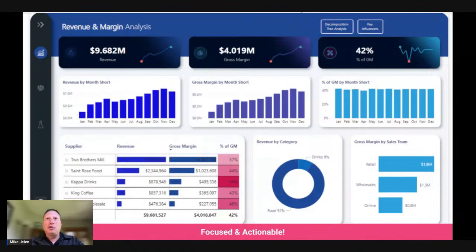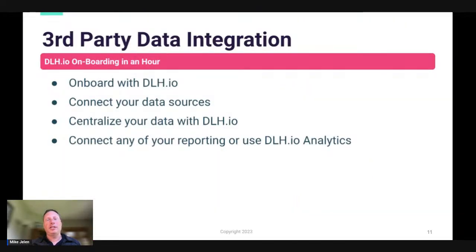Allow them to drill in and find some of those needles in the haystack, but use color, use charts to tell them, here's how you're doing, but here's how you're doing against plan. So that way people know, this is what I need to focus on. This is what I can influence. And that's very important from that end user perspective, so they can continue to make better decisions throughout the organization.